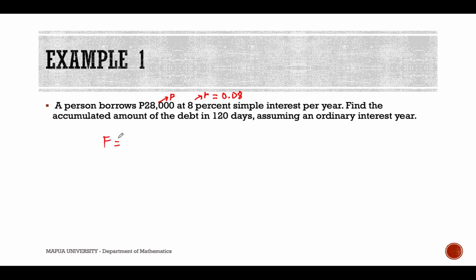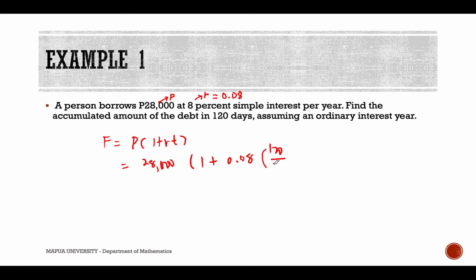So we want to find F, which is equal to P times 1 plus RT. So 28,000 is your P, plus 0.08 is the interest. And then the number of years, we have 120 number of days.